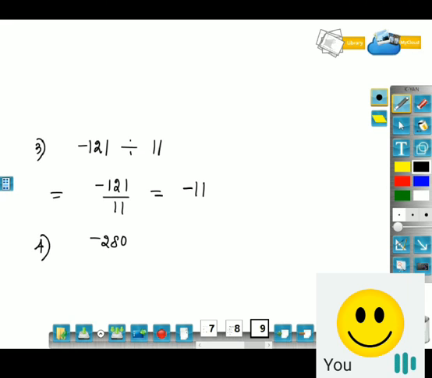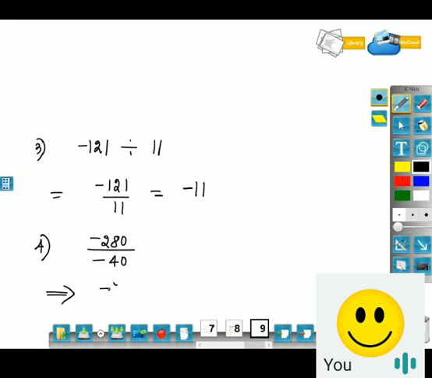Fourth, minus 280 divided by minus 40. All of you are giving the correct answers except a few. They are getting confused with the zeros and putting one more zero. Please correct it.